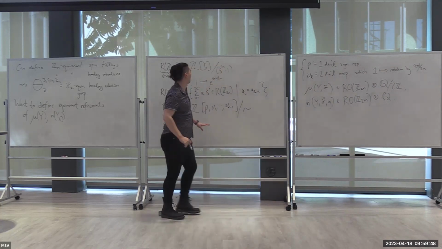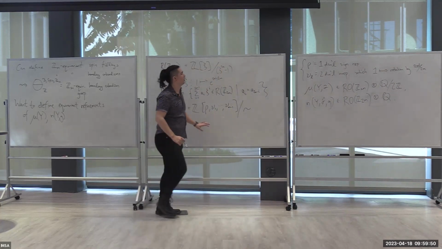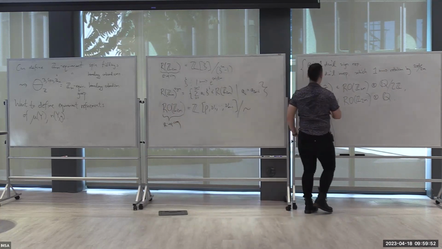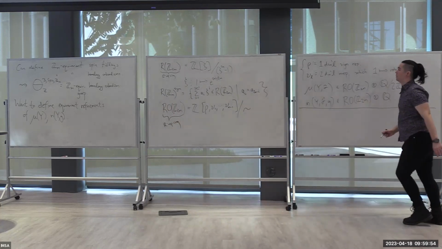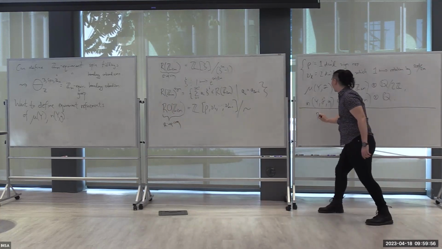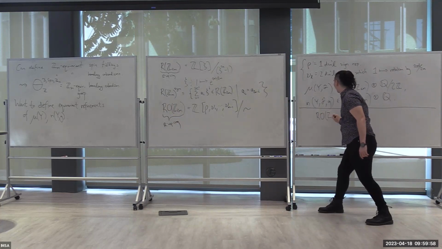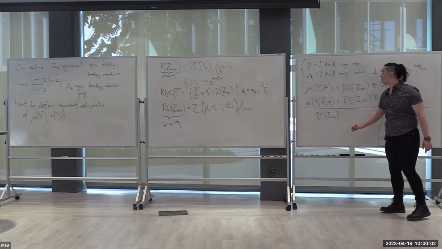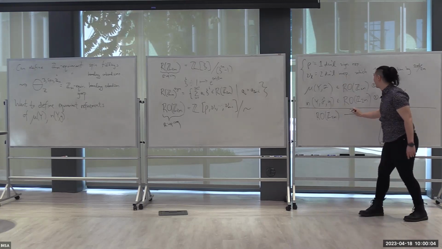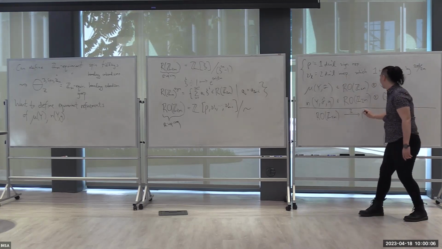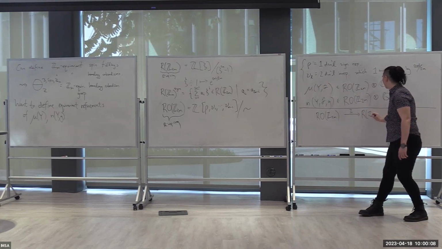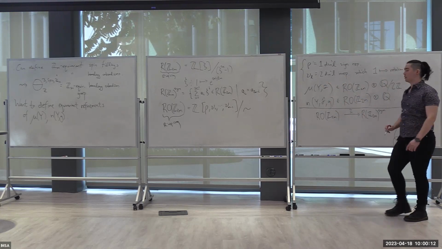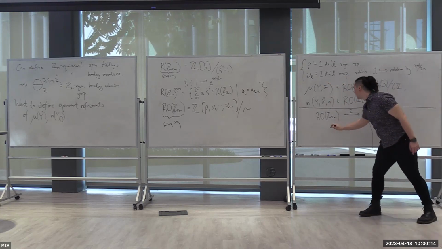Oh, sorry. As mentioned, we are here. So you can check that as an additive group, RO, the real representation ring of Z mod 2m, is isomorphic to that subgroup of symmetric representations.